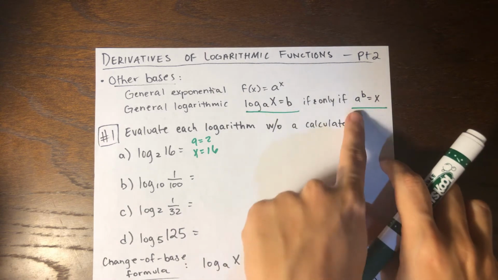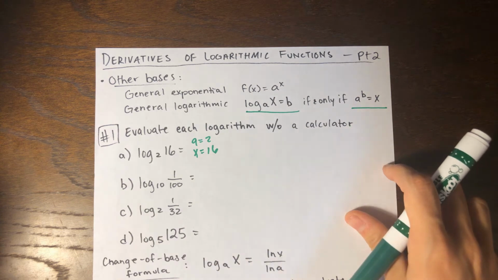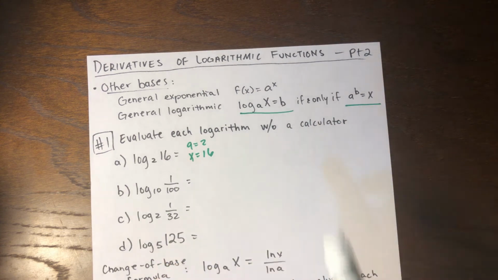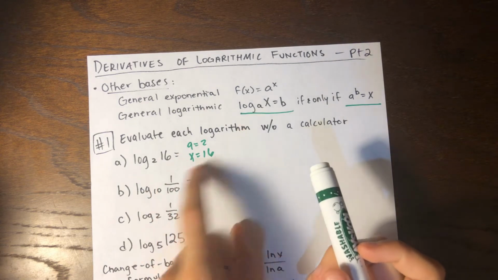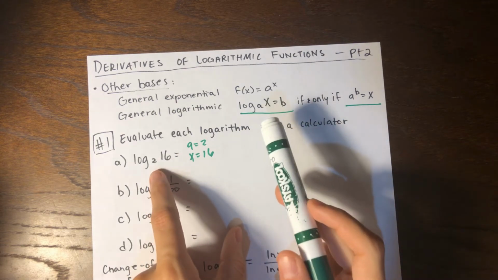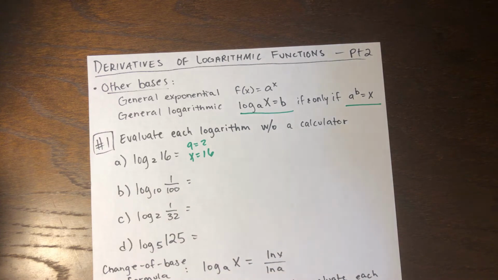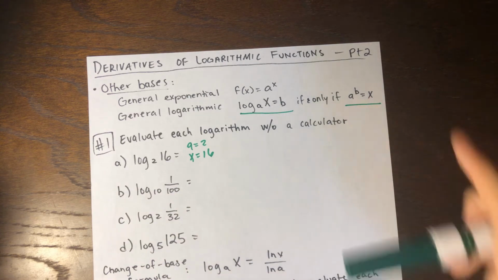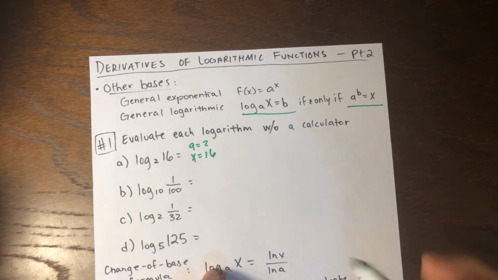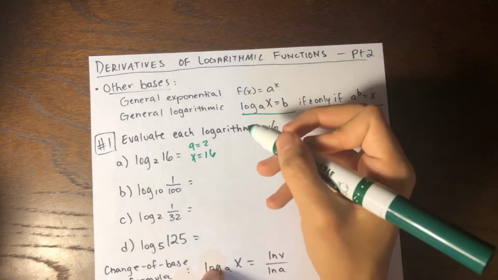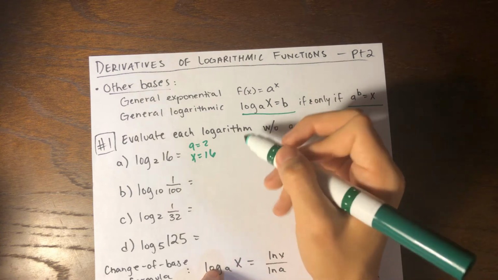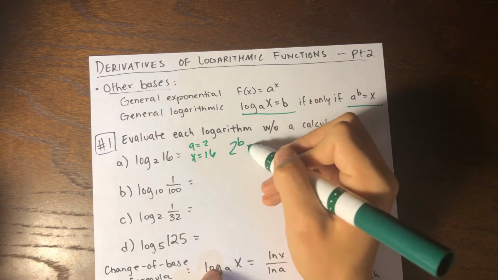So we're given it in this form, and we're going to write it in this form and solve for b, evaluating without a calculator. So in a's place, I have 2, and in x's place, I have 16. Now I'm going to plug this into this form and solve for what I'm missing. I'm solving for b. So I have 2 to the b power is equal to 16.